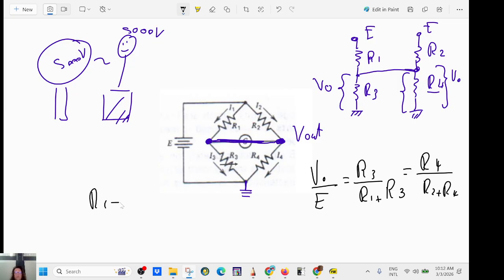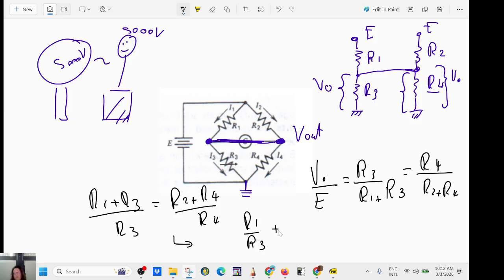So R1 plus R3 over R3 equals R2 plus R4 over R4. Agree? Distribute the denominator, so it's going to be R1 over R3 plus 1, equals R2 over R4 plus 1.